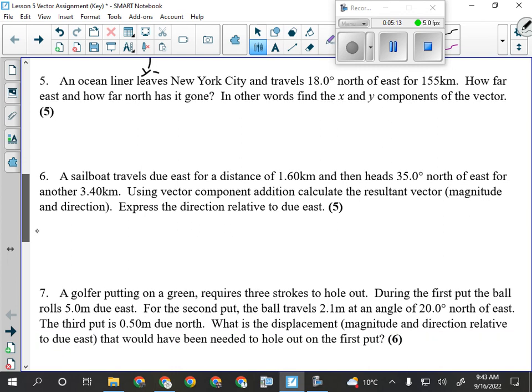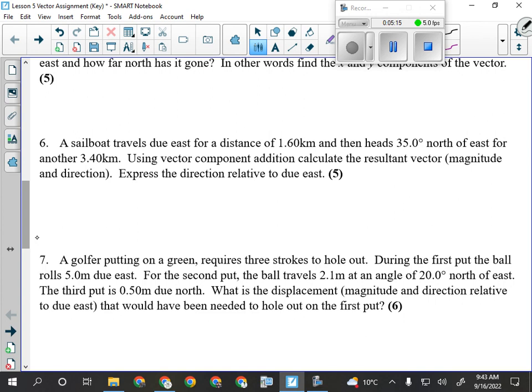All right, number 6, you've got just a simple vector addition question, like the ones we've been working on in class. So draw your tail to head, find your x's and y's, find your resultants, but watch this part. It specifies what your reference direction is for your final answer, so it should be something of east.